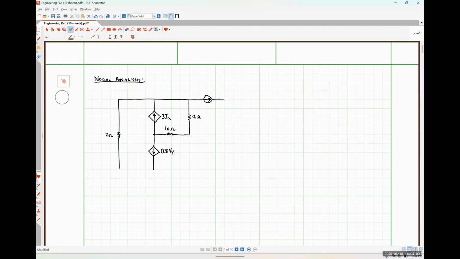So let's call this guy 2 amps. Let's make this resistor 12 ohms. And lastly, let's put a resistor down here. And let's make this guy 8 ohms, like so.